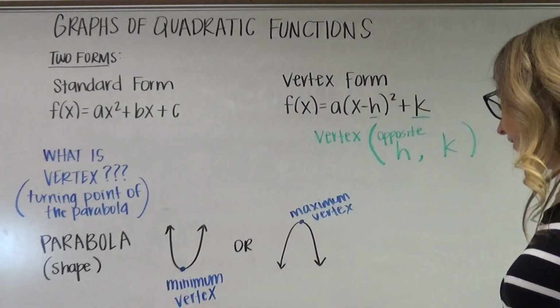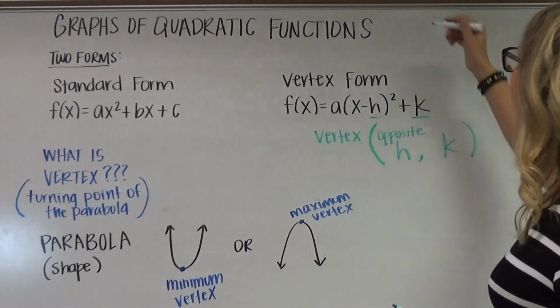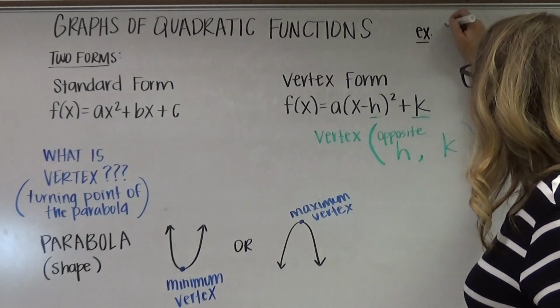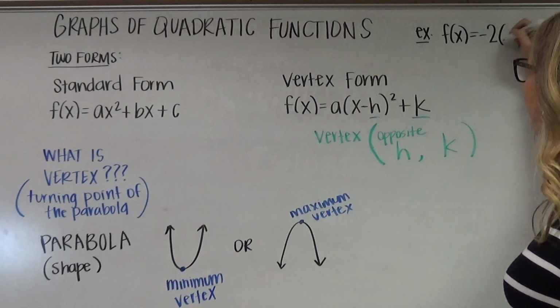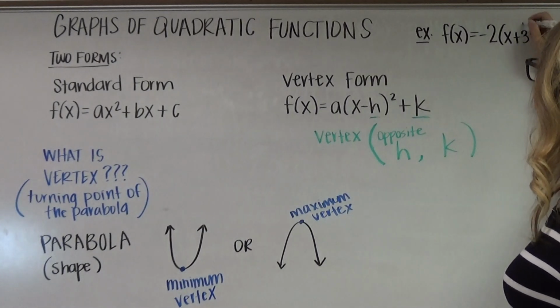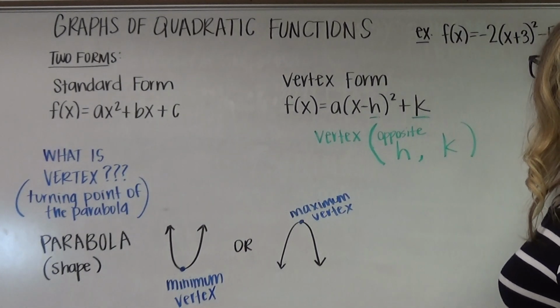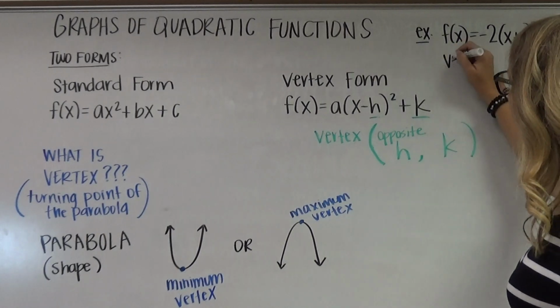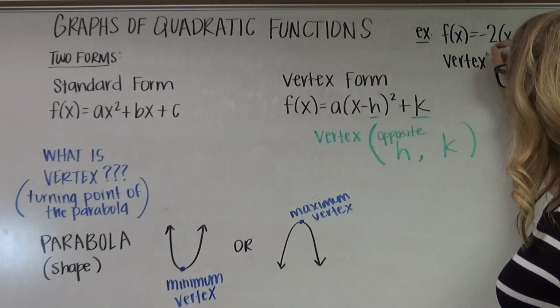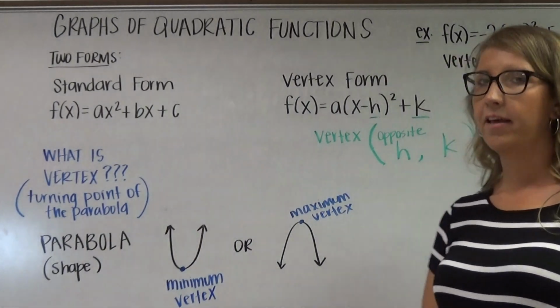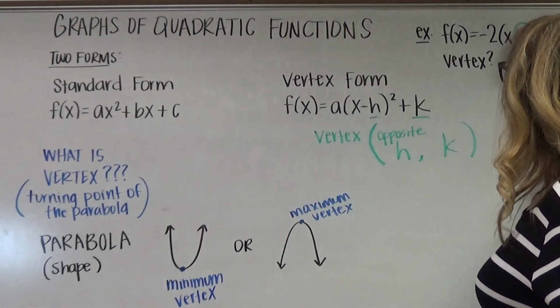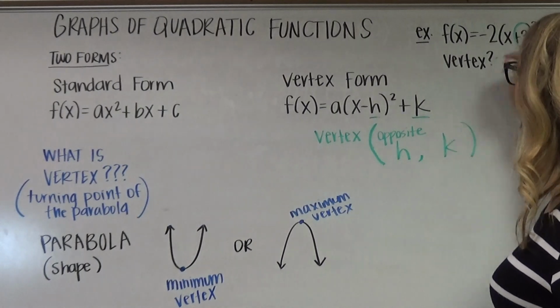So if y'all wanted an example of that, if I gave you the equation, f of x equals -2 parentheses x plus 3 squared minus 5, and then I asked you, what is the vertex? Opposite H, K. What number is with x is your H, but we want to do opposite.